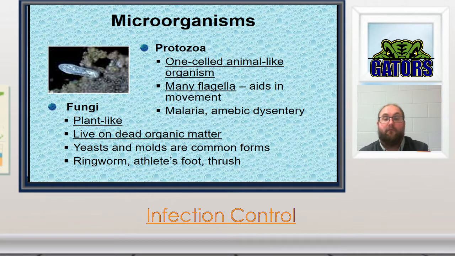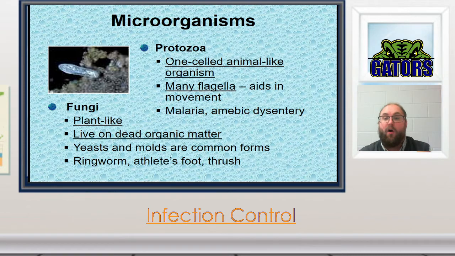Then we have fungus. These are plant-like microorganisms. Most of the time when we think about fungus and fungi, we think about mushrooms. Well, those mushrooms come from a collection of these tiny microorganisms that grow together in a colony that feed on live or dead organic matter, and they come in the forms of yeast and molds and mushrooms.